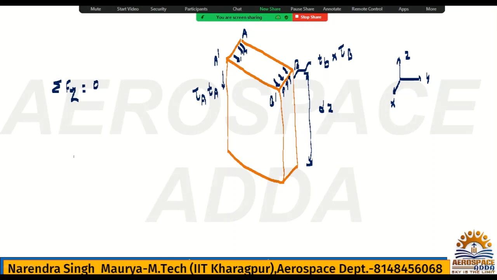Okay, so if you calculate this value, this thickness is like this. Yes or no?